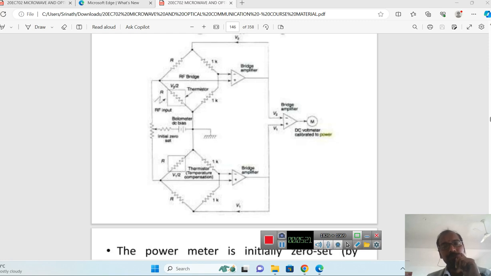These two signals are given to a differential amplifier. The differential amplifier differentiates the ambient temperature from the actual RF input, so that we can easily find the accurate power level with this method. Thank you.